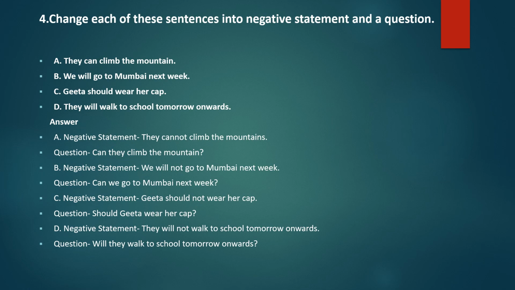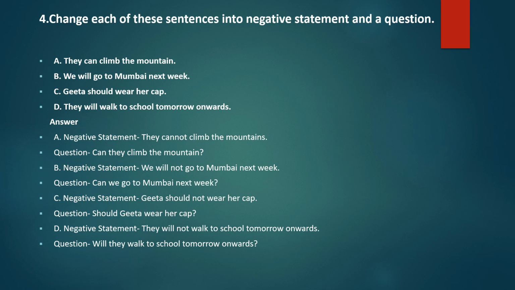We will go to Mumbai next week. This is a simple statement. Now first we will change this into a negative statement. First we write subject, then modal, then not, then main verb. We will not go to Mumbai next week.